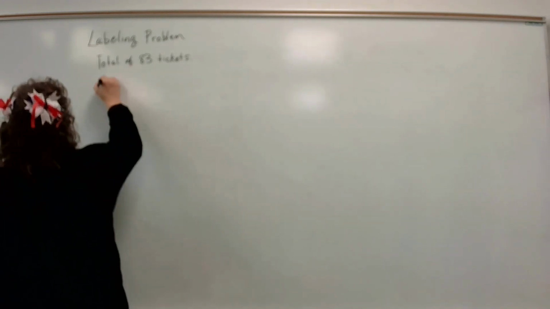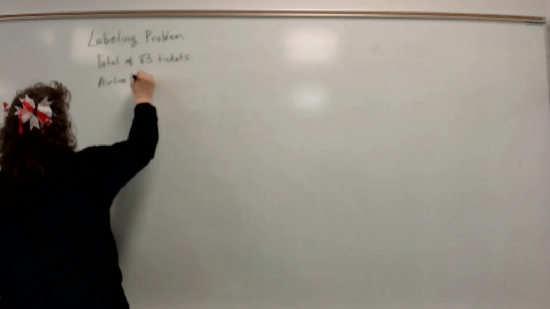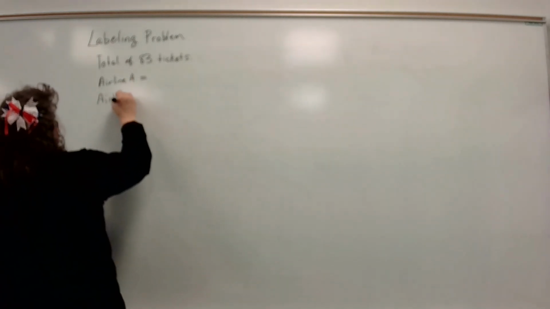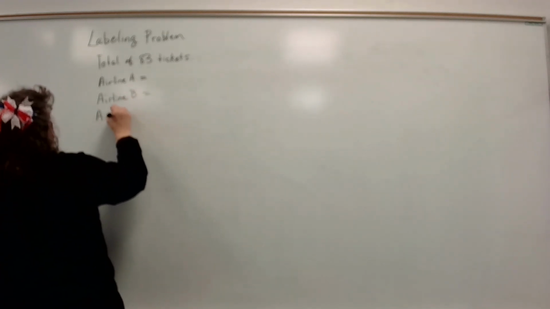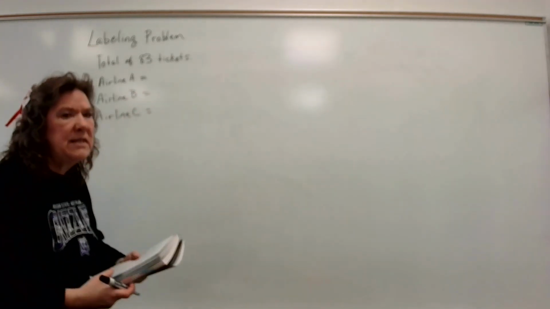Okay, we have airline A, airline B, and airline C, and what we have to do is express the number of tickets for each one of these airlines. And listen to what it says about it.